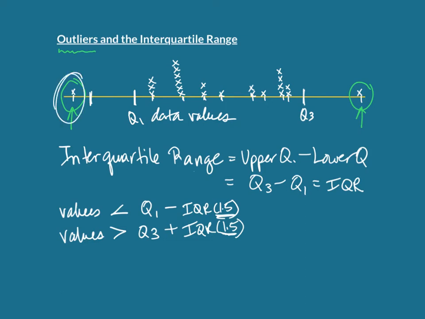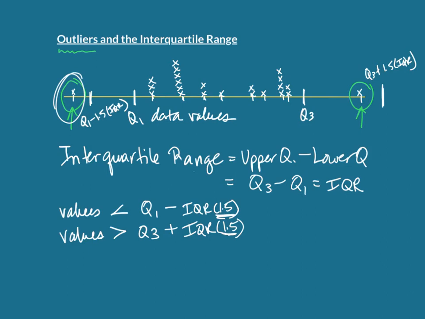But if Q3 plus 1.5 IQR would be out here, then that means that would not be an outlier, right? So this is Q1 minus 1.5 times the IQR. That value is outside of that range, and over here this is Q3 plus 1.5 times the IQR. That value is not outside that range. So one of them happens to be an outlier and the other one doesn't. So we're going to objectively, numerically determine what is an outlier and what is not.